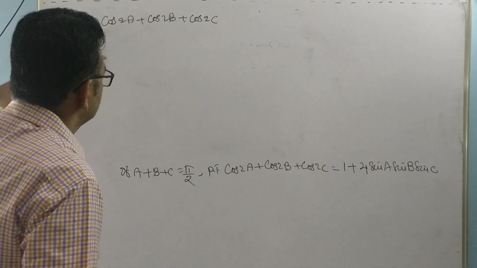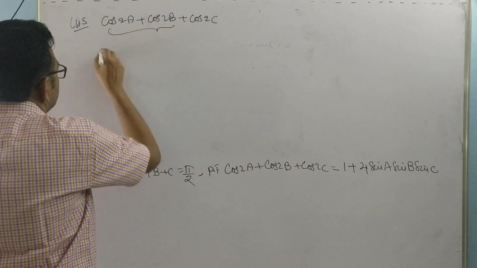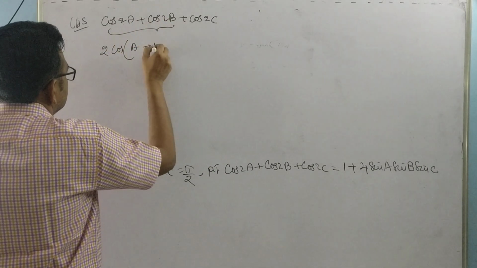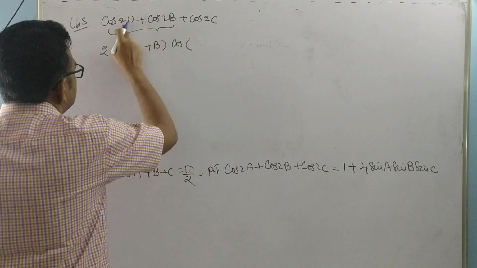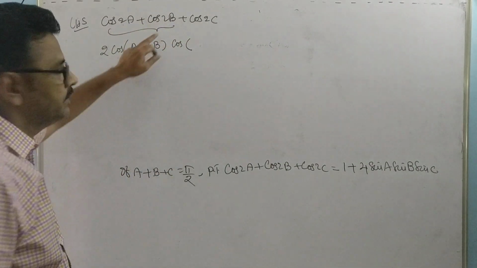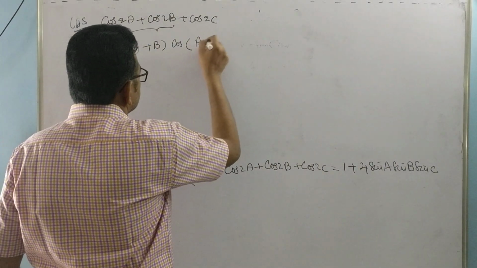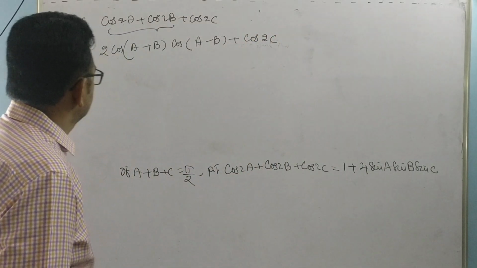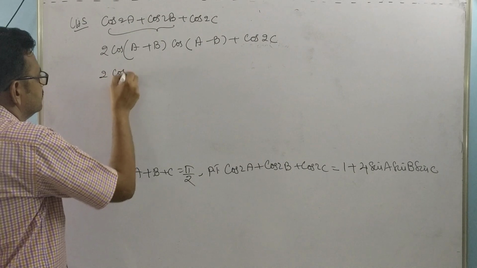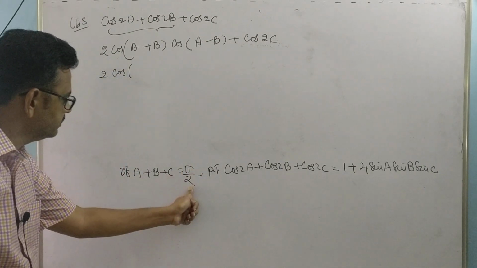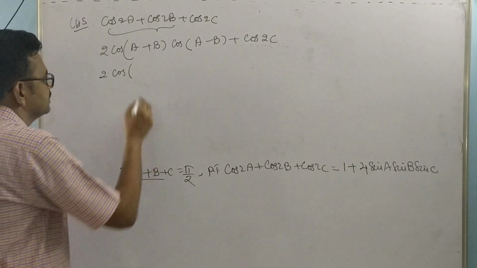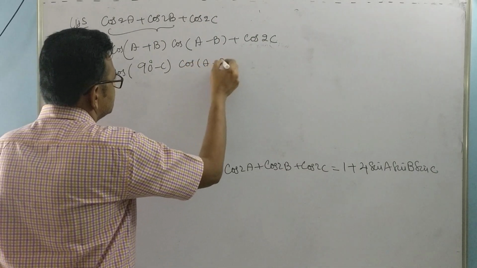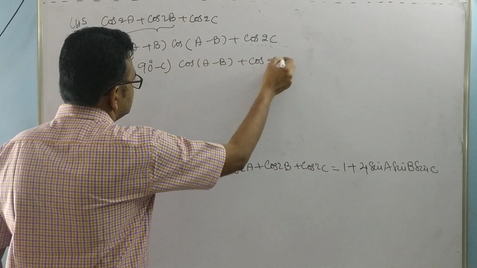This is equal to, right, cos C plus cos D formula, 2 cos of (C plus D) by 2, that is (2A plus 2B) by 2, which is A plus B, into cos of (C minus D) by 2, (2A minus 2B) by 2, which is A minus B, plus cos 2C. Now this is 2 into cos of, A plus B plus C equal to pi by 2, A plus B equal to what? Pi by 2 minus C, that is 90 minus C, into cos of A minus B plus cos 2C.